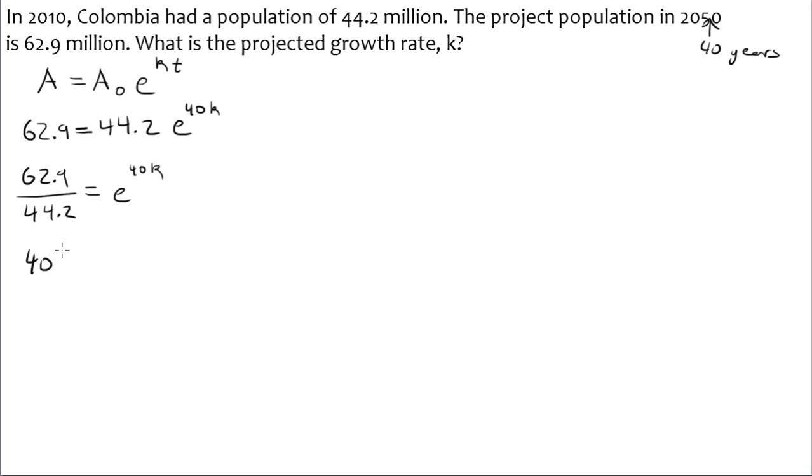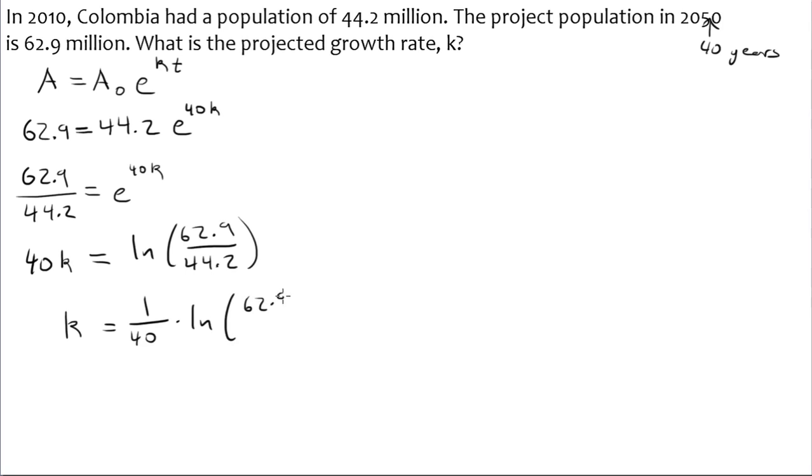So 40 times the growth rate is equal to the natural log of that ratio of populations. So the growth rate is 1 over 40 times the natural log of that ratio, or it's the natural log of the ratio divided by 40.